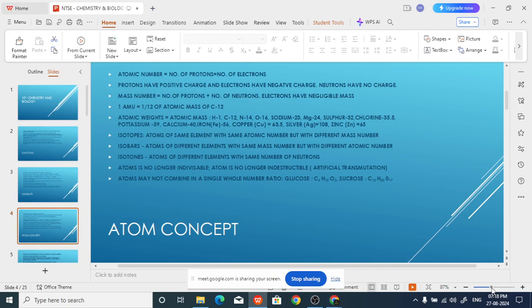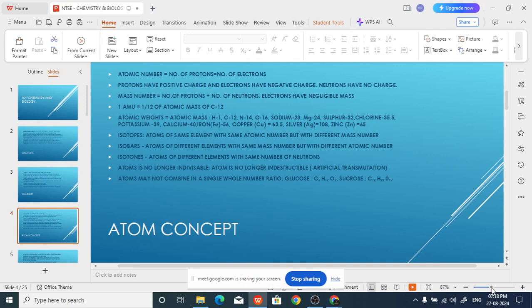But can we say the mass of the proton is equal to the mass of the electron? No, sir. The mass of the electron is very, very small compared to the mass of the proton. Very good. Protons have positive charge and electrons have negative charge.